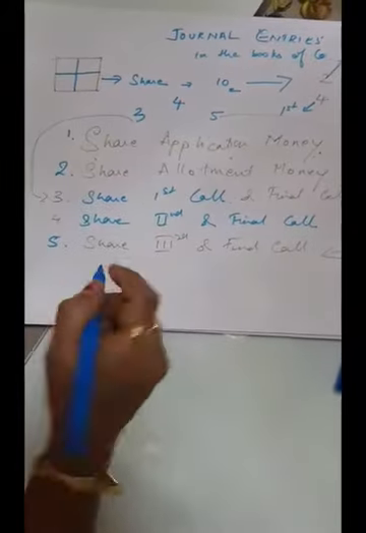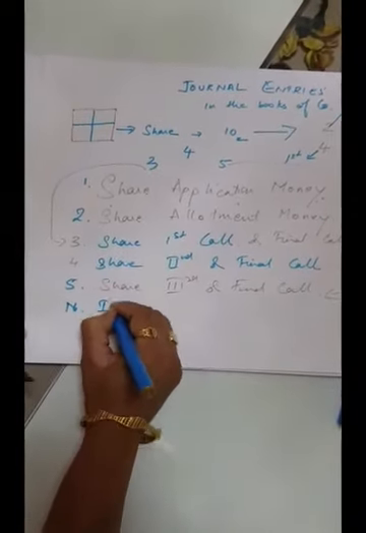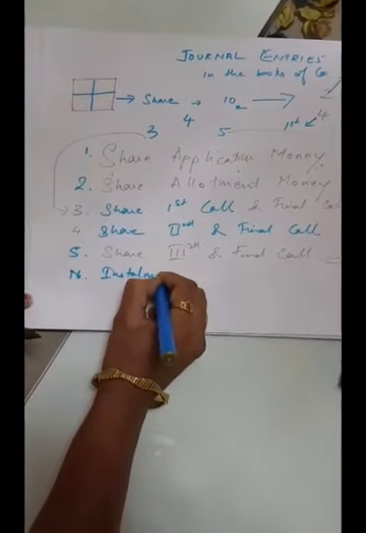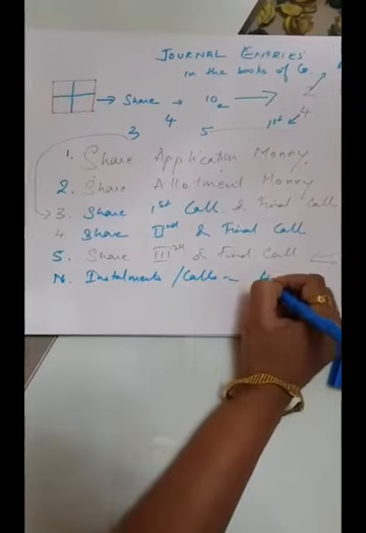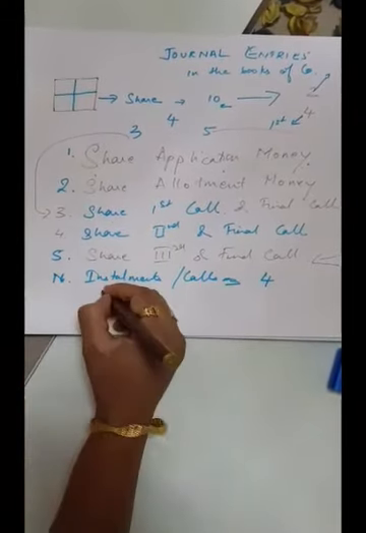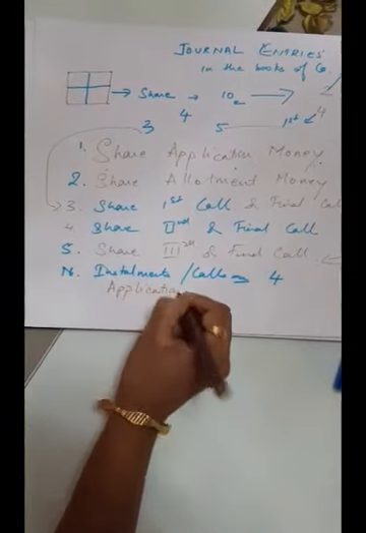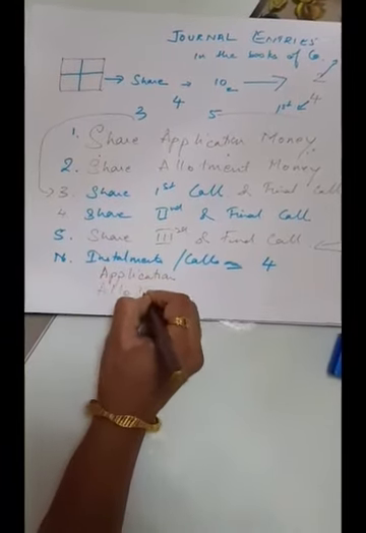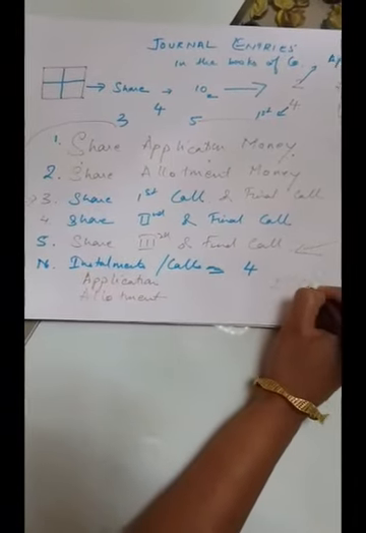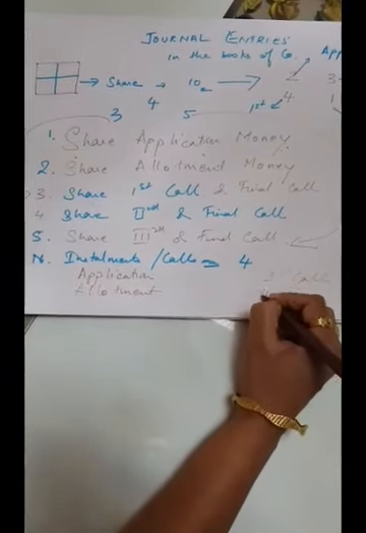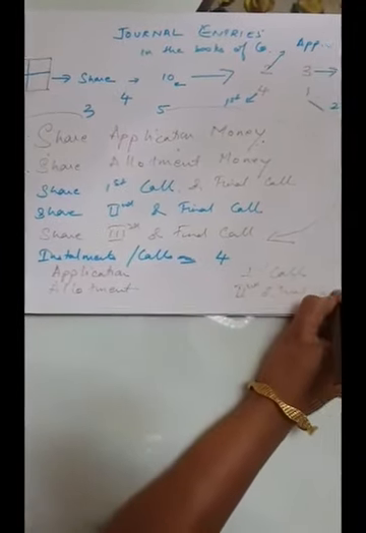In most of our questions, we will have the number of installments or calls as 4. That is, amount on application, amount on allotment, amount on first call, amount on second and final call.